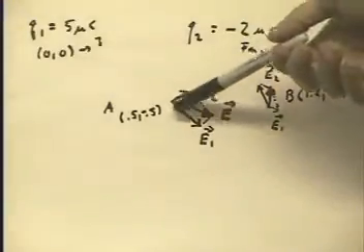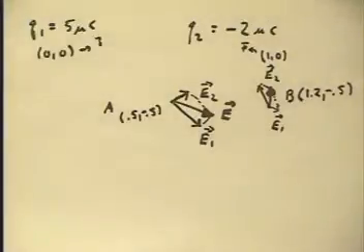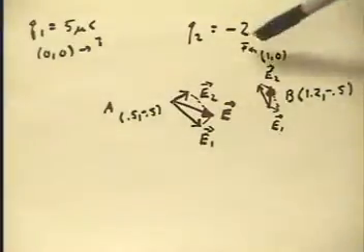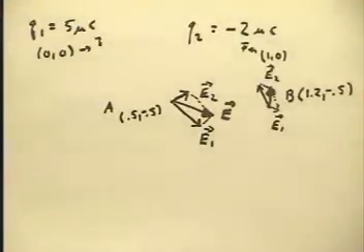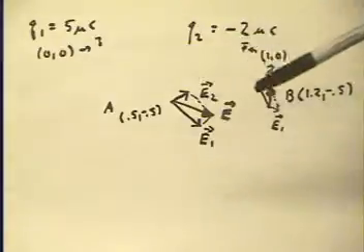These vectors are in approximate proportion 5 to 2. The other thing we note is that since Q1 is a positive charge, E1 will be away from Q1. And since Q2 is a negative charge, E2 will be toward Q2. So we estimate that the electric fields will look something like this.